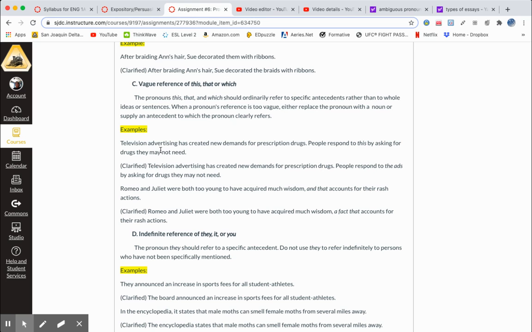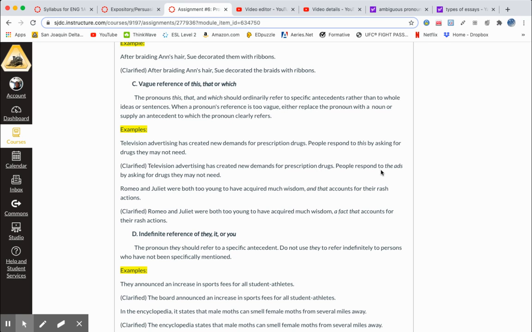Television advertising has created new demands for prescription drugs. People respond to this by asking for drugs they may not need. Well, it's a little unclear and a little vague as to what this is referring. So we can clarify this in this way. Television advertising has created new demands for prescription drugs.